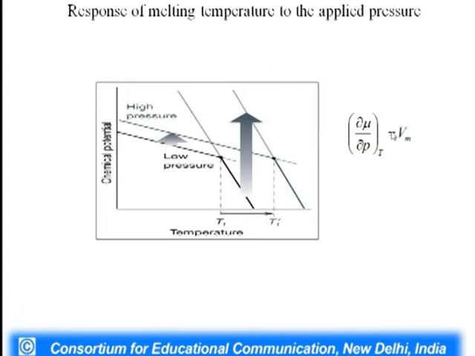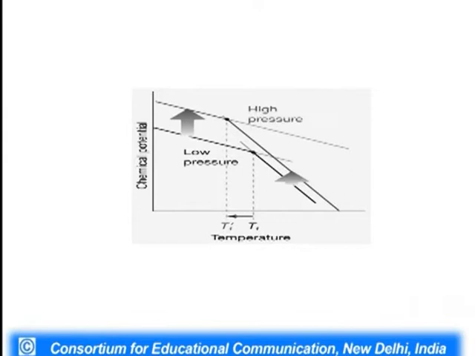Now, you see this Vm is small for solid, and Vm is greater for liquid. If that happens, you can see that this Tf shifted to Tf dash. What does that mean? There is an increase in freezing point, and that is the general case which we observe for any solid. But water is different.